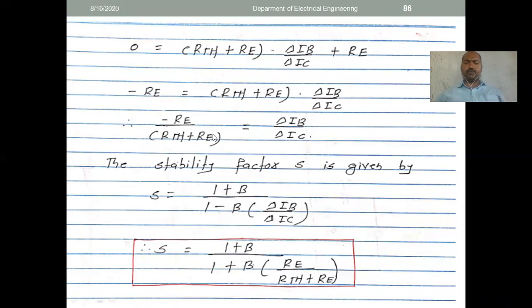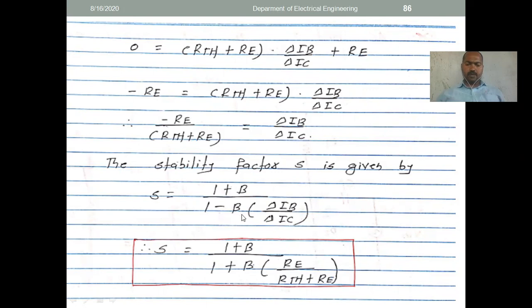So coming with respect to us, the dIB/dIC value should be taken in the following equation. S is equal to 1 plus beta divided by 1 minus beta into the bracket of delta IB by delta IC. So in this equation, 1 plus beta stays as it is. In the denominator, 1 minus beta, and this value is nothing but RE divided by RTH plus RE, but this value is a minus.